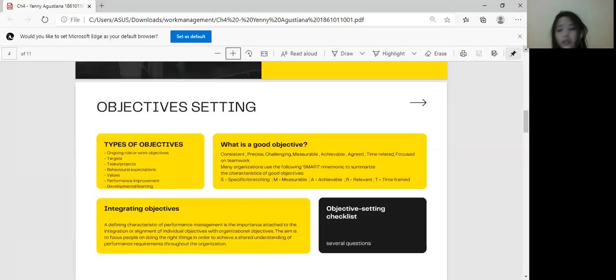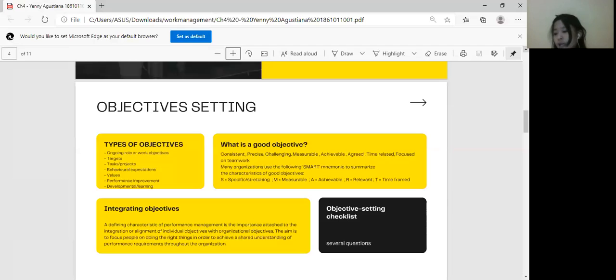Time related means achievable within a defined time scale, with a focus on teamwork, emphasizing the need to work as an effective member of a team as well as individual achievement.